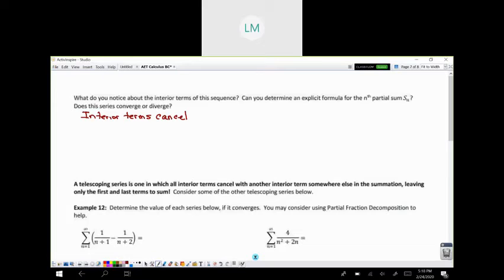Our S sub n is 1 minus 1 over n plus 1. So, taking the limit as n goes to infinity, we have 1 minus 1 over n plus 1, and that converges to 1.